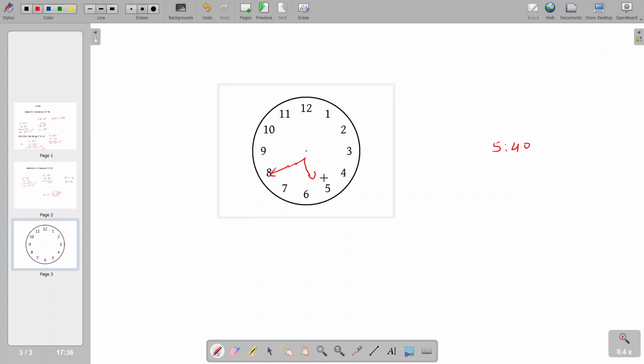So how to solve using the general method? How to find the mirror image of 5:40 using the general method? You need to take this line as reference for finding the mirror image. What is the condition for mirror image?